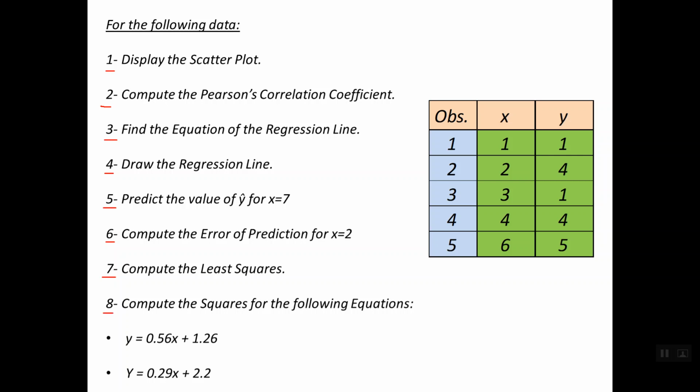And finally, we need to compute the sum of squares for the following equations, and these equations are not the same as the regression line. So we need to conclude what happens to the sum of squares of the errors in case of changing the formula of the line.